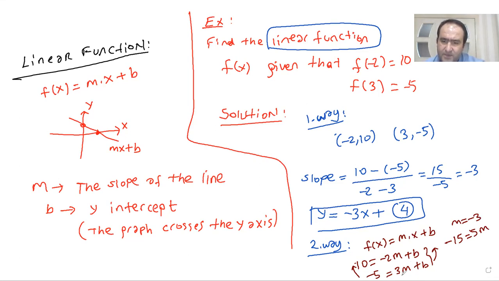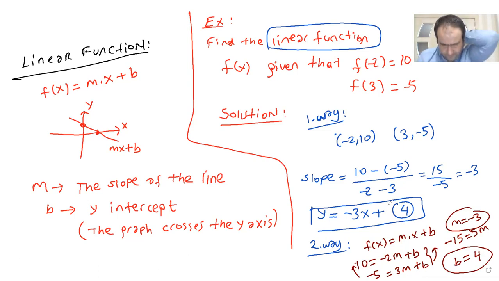Here 3 times -3 is -9. -9 plus 4 equals -5. So b is 4, okay? b is 4, and m is -3. So -3x plus 4 is our equation.